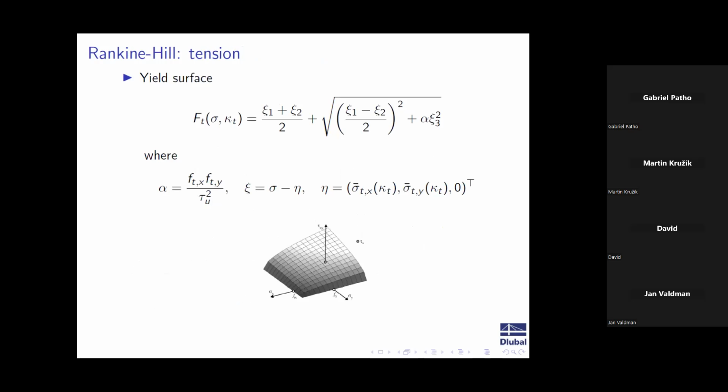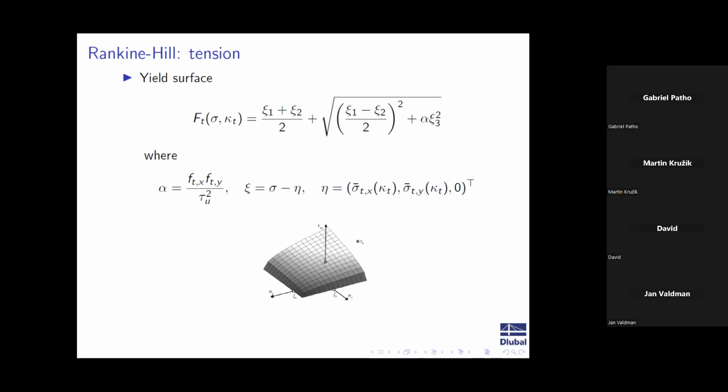Okay, so the Rankine surface drives my tension side. I have a yield surface with a slightly different notation, but my sigmas are basically the stresses. These are stresses shifted by my so-called back stress.